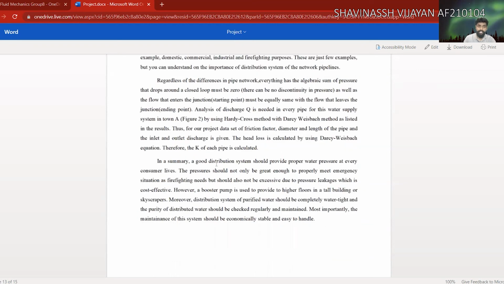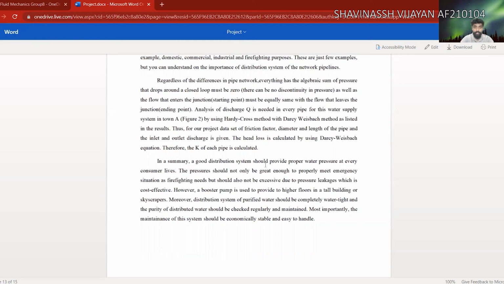In summary, a good distribution system should provide proper water pressure at every consumer. The pressures should not only be great enough to properly meet emergency situations such as firefighting needs, but should also not be excessive, due to pressure leakages, which is cost effective.